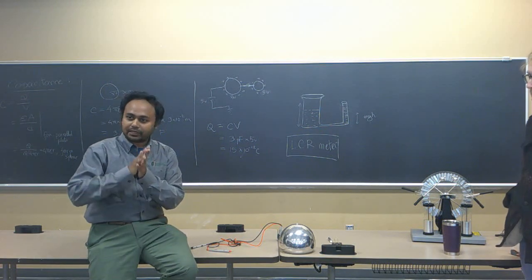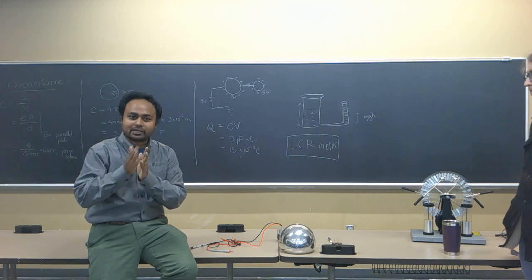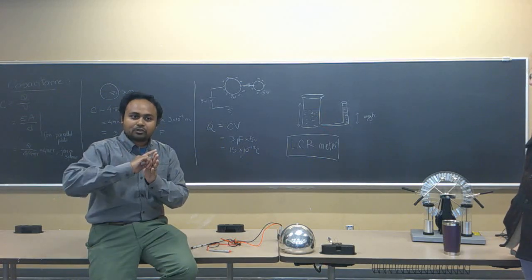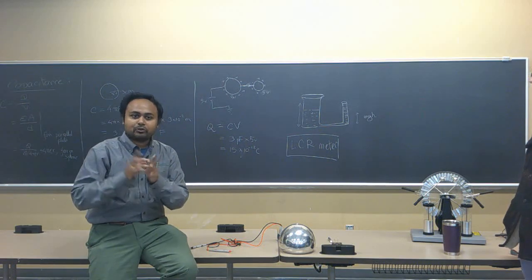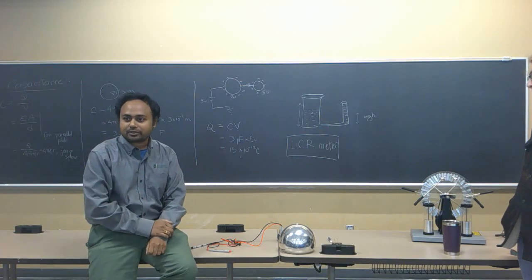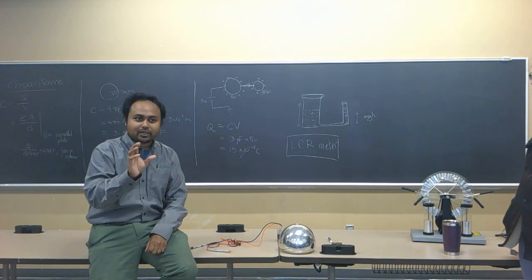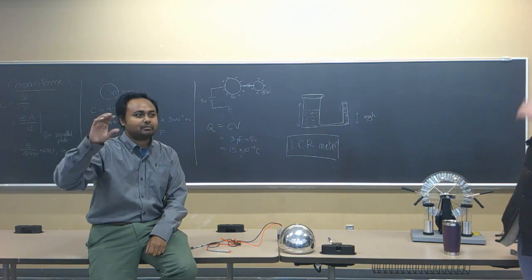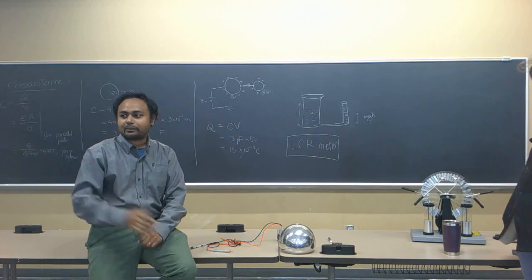If you can measure the current and also how much time it takes to flow, you can multiply current with time to get the value of charge. Once you get the charge, you can divide it by voltage to get the capacitance.